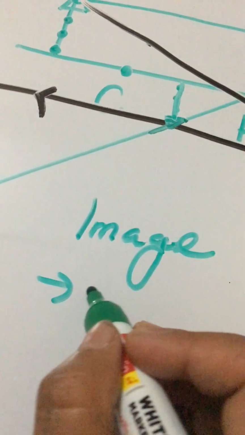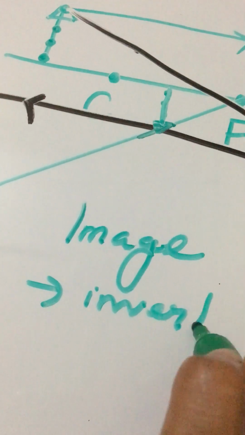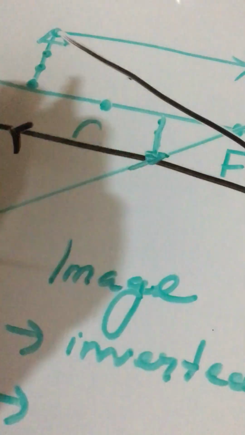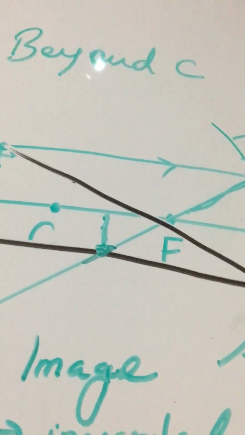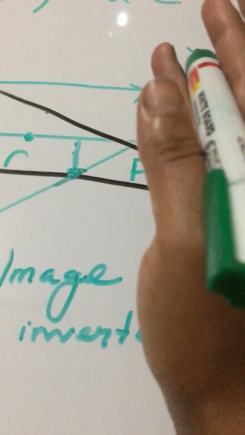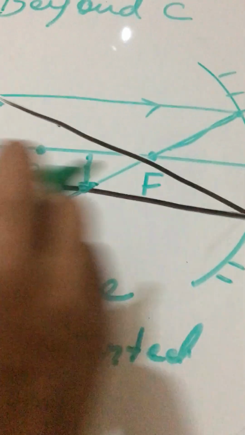Upside down, we use the word inverted. Then how should the size be? It should be smaller, because the object is approaching the mirror, so the image should shift from the focus towards the center with an increase in size.